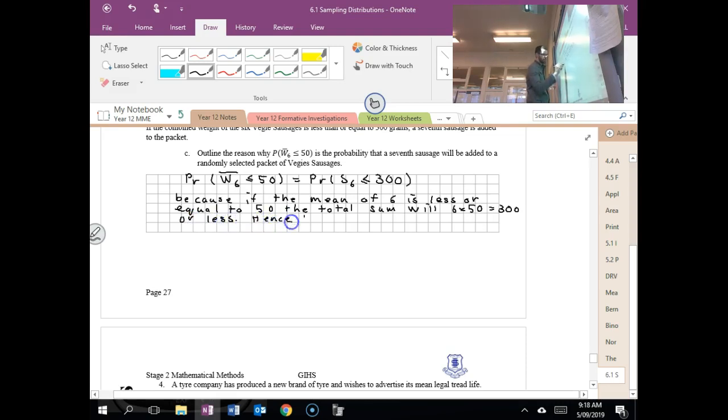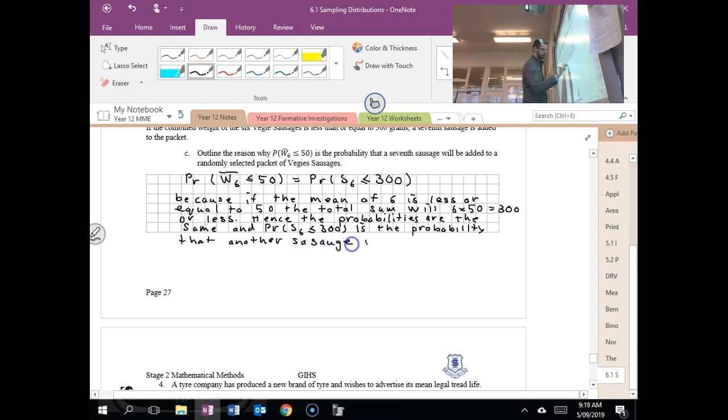Hence, the probabilities are the same, and the probability that S6 is less than or equal to 300 is the probability that the 7th sausage is needed.